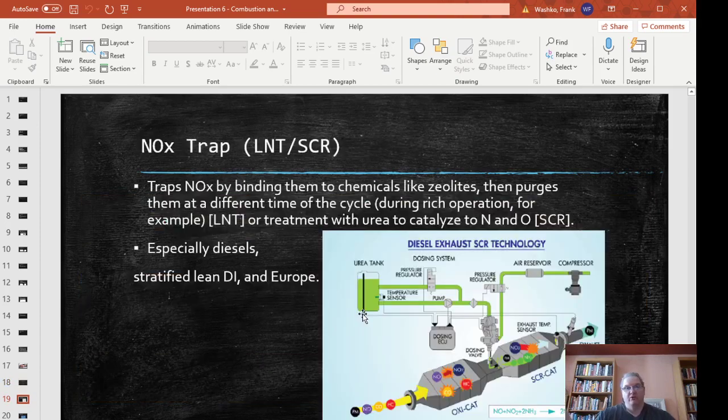And O2 and N2 are perfectly fine for the environment. So if you can complete that reaction, all you have out of the tailpipe at that point are CO2, water, nitrogen, and oxygen.